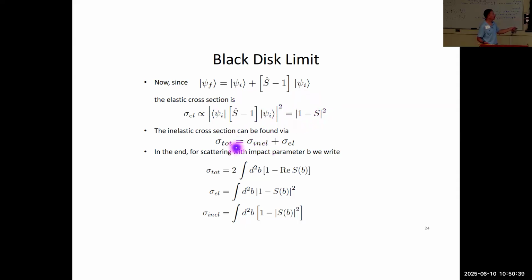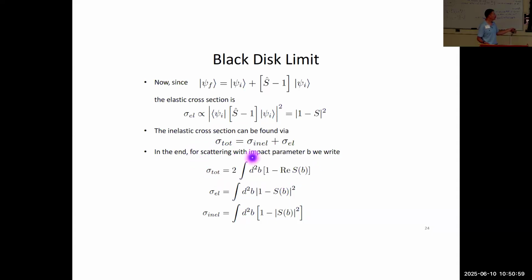And finally, the inelastic cross section can be obtained by noticing that the total cross section is the inelastic plus elastic, and we already found the total cross section on the previous slide, and sigma elastic is up here. So sigma inelastic we can just obtain by subtracting sigma elastic from sigma total.